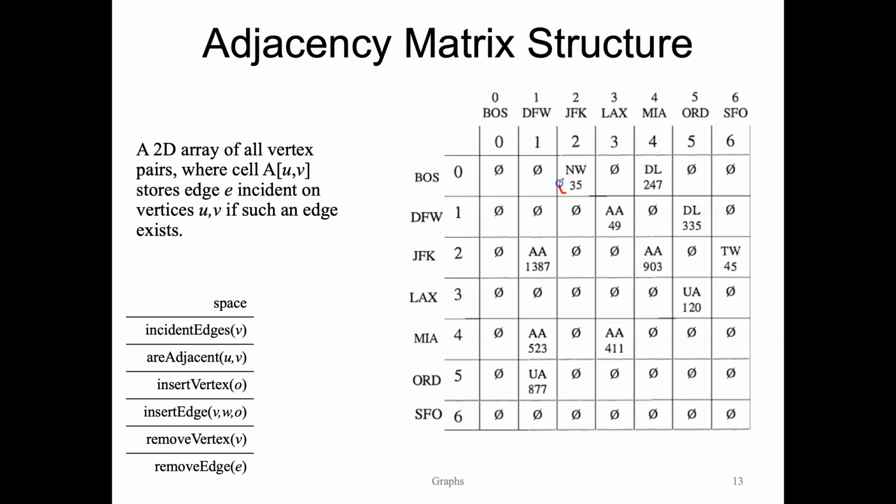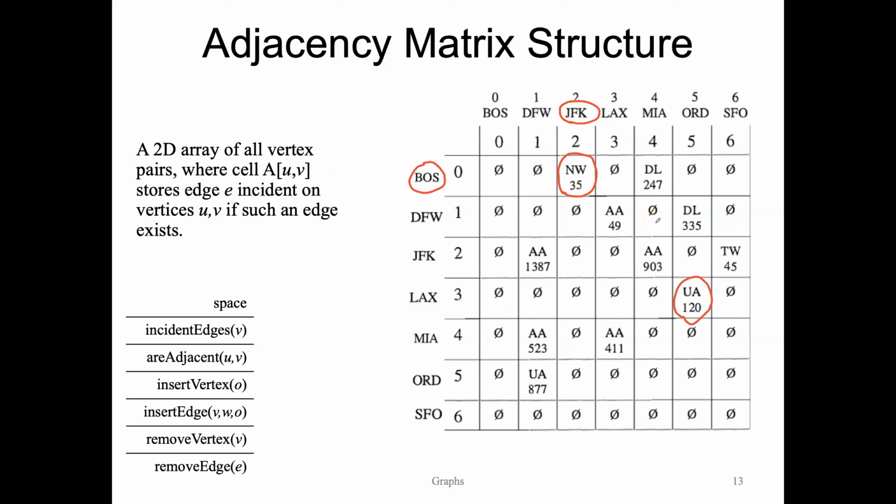So for example, here we're storing NW35, that edge, which originates in BOS Airport and ends in JFK Airport. We've also got the edge, for example, UA120. This starts in LAX Airport and it ends in ORD Airport.